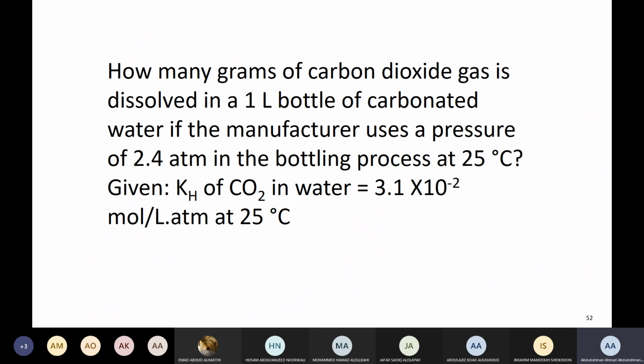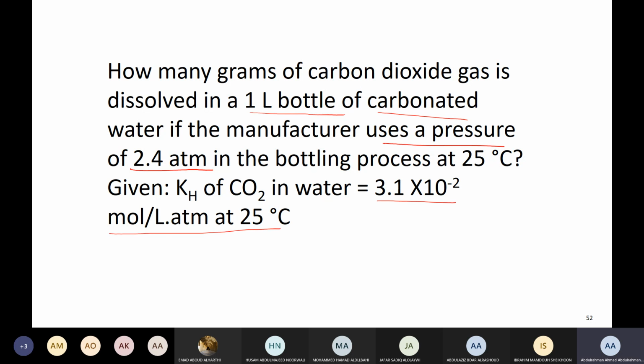How many grams of carbon dioxide gas is dissolved in one bottle of carbonated water if the manufacturer uses a pressure of 2.4 atmosphere in bottling at 25 degrees C, given the KH of CO2 in water is this one.